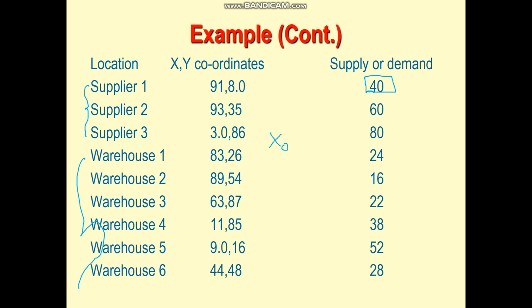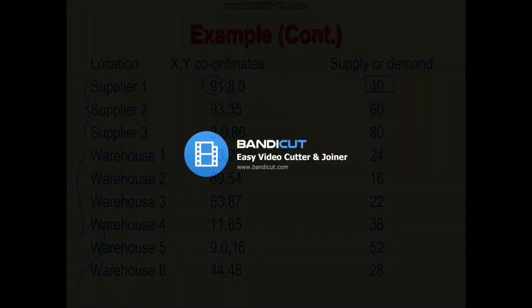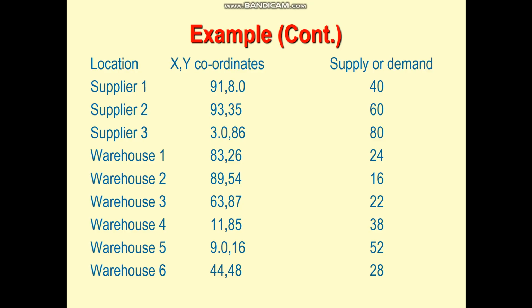We will take 91 times 40 plus 93 times 60 plus 3 times 80 plus 83 times 24 plus 89 times 16, and so on until warehouse 6.